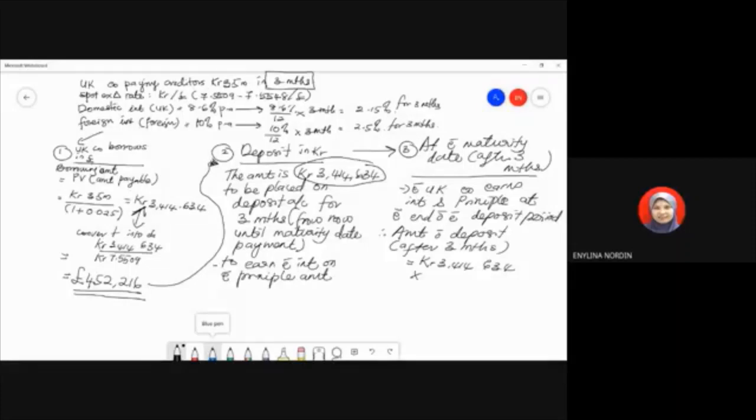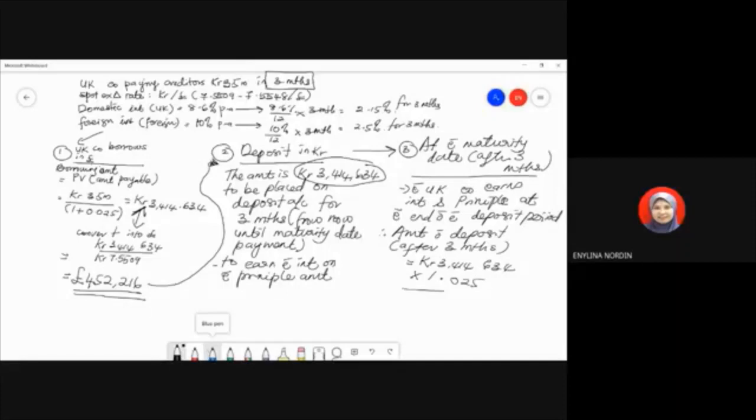So look at the information here. The information here is the foreign interest rate. You put in the foreign account, in a foreign currency. So that means the interest rate that you have earned for 3 months is 2.5%. So straight away plus principal, so plus 1. So it becomes 1.025.